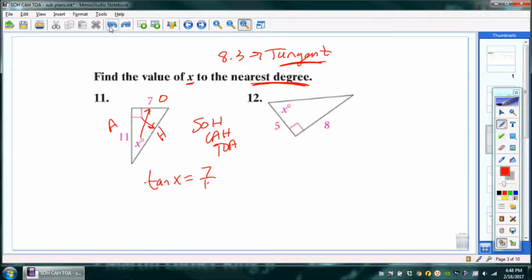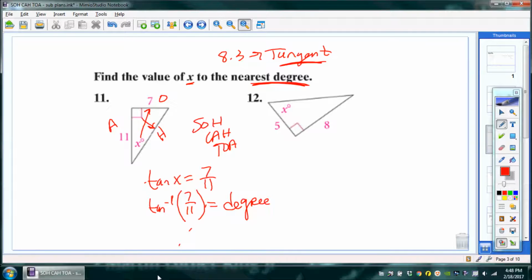Now the issue we have here is, it's not really an issue, but we're trying to figure out our degree. So we're not going to use the tangent button for that. We're going to use the inverse tangent button. So inverse tan of 7 over 11, that's going to give us our degree. So keep in mind, anytime you're finding degree, we're going to use the inverse function.